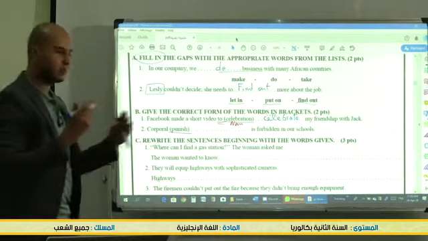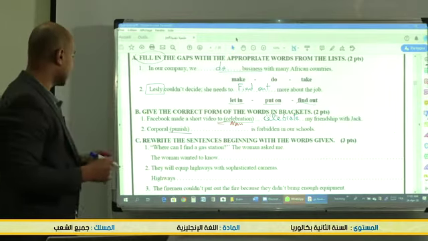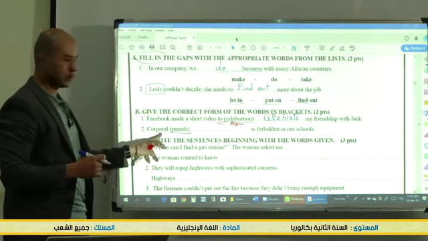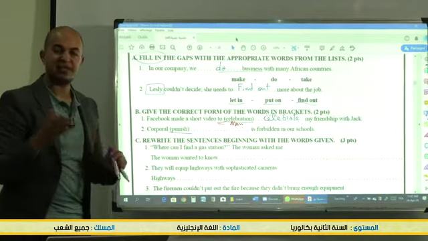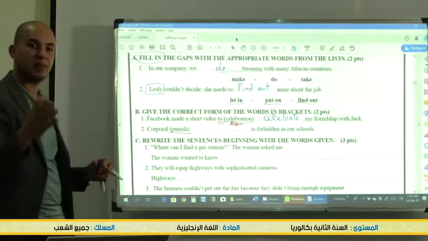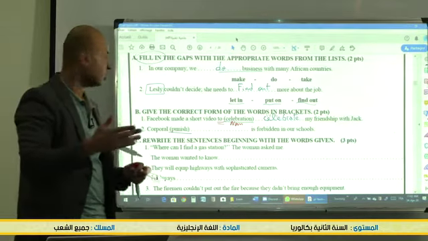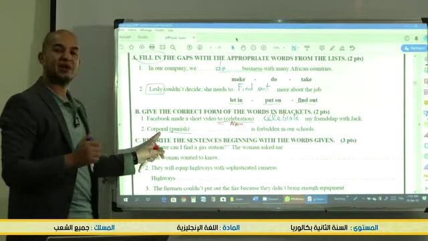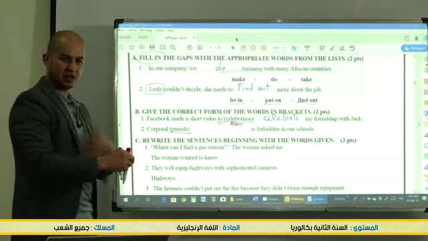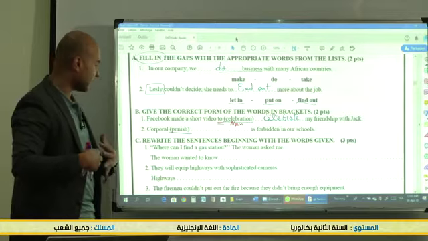my friendship with Jack. Number 2, corporal, punish, the verb to punish. If someone misbehaves, okay, does not respect the rules or the law, we punish this person. But here we are speaking about corporal, physical, related to the body, okay?